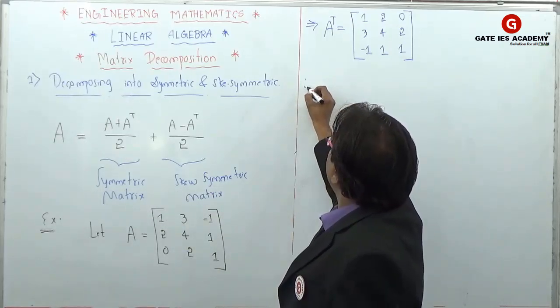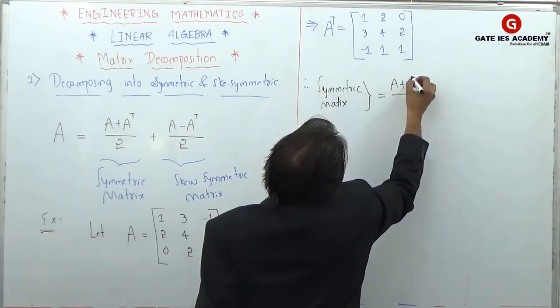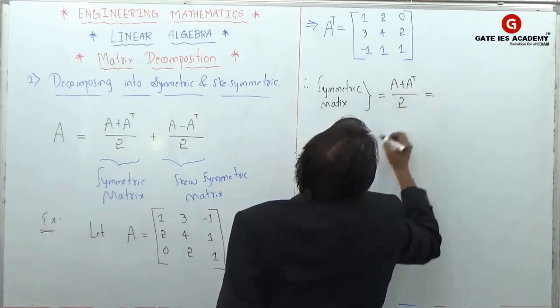Therefore, the symmetric matrix is A plus A transpose divided by 2.